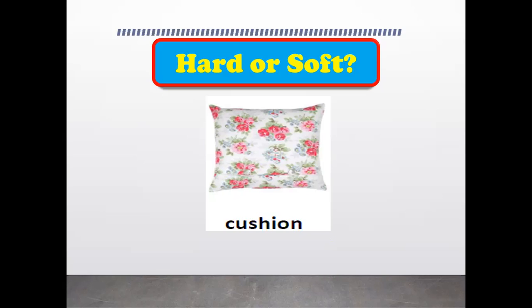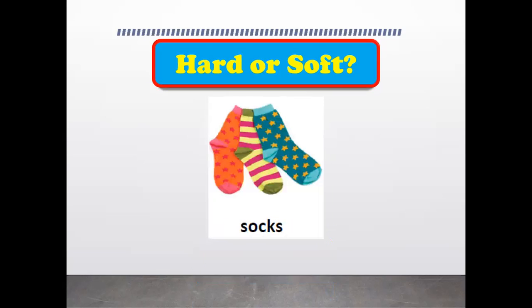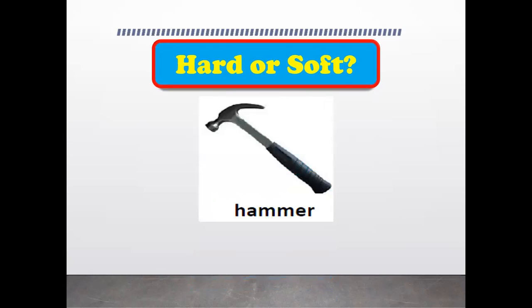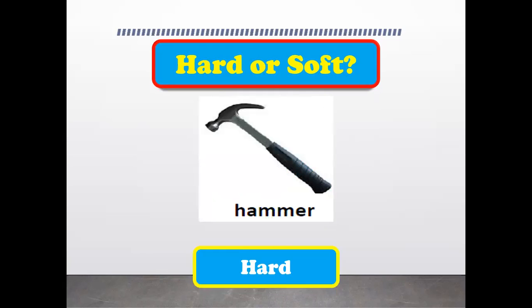It will be easy, so it will be soft. What about the socks? If you bring the scissors, it will be easy or difficult? It will be easy, so it's soft. What about the hammer? Can you scratch it easily? It's difficult, so it will be hard.